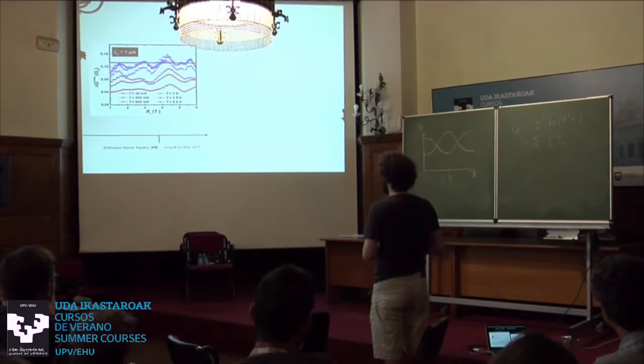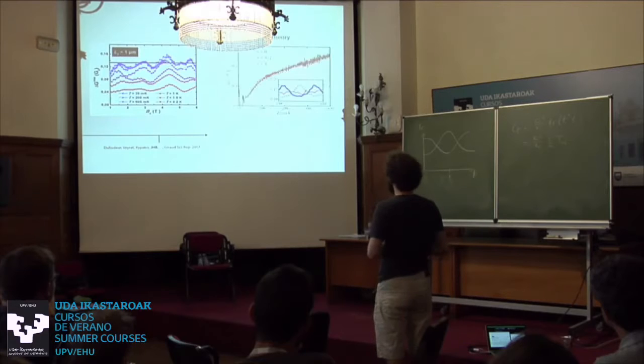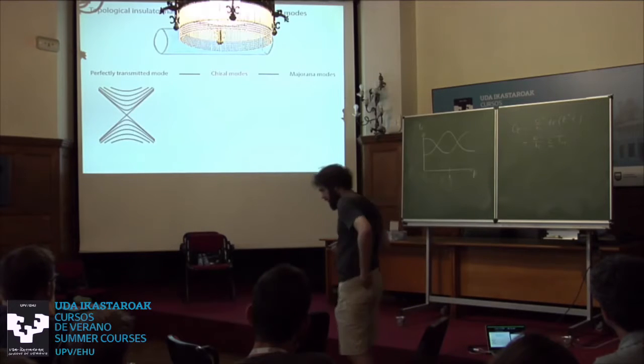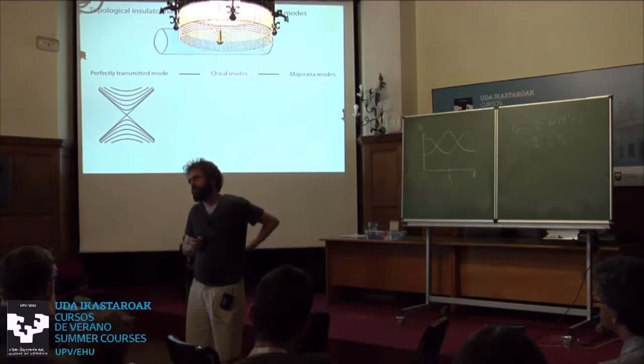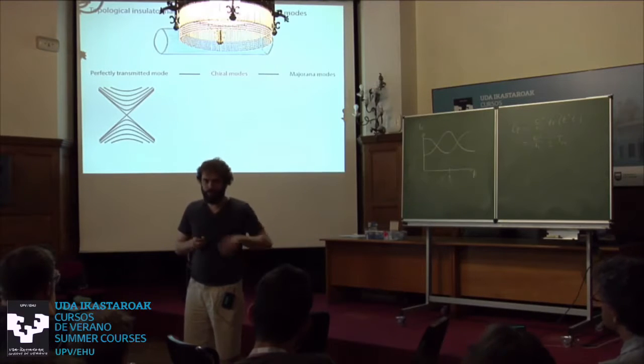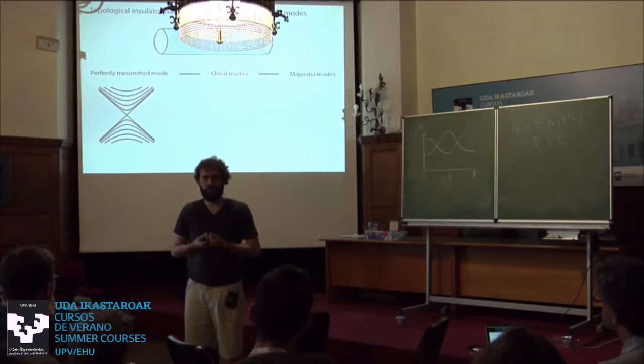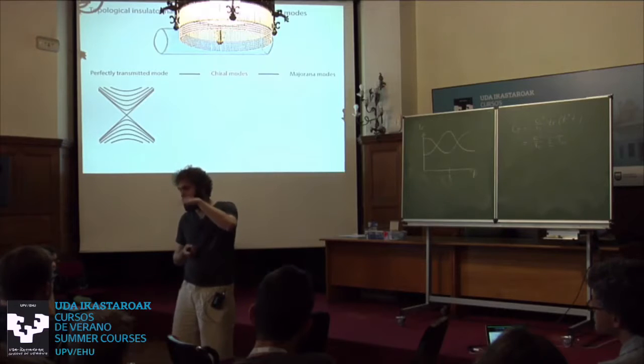Okay. Some more experiments. I'm going to skip this one. That's the perfectly transmitted mode and some experiments. The problem with most of these experiments is that you can see these oscillations, and that's very nice.